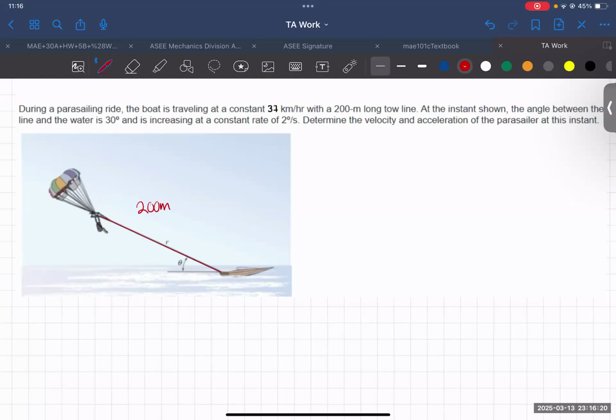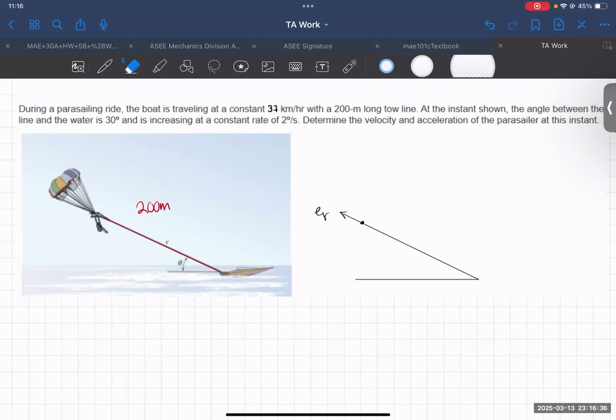The angle was changing, so we come up with a relationship between this point, this ER, or as Professor Chi mentioned in lecture, UR. Let's keep it consistent with the notation. R, theta, point P, this R, this is theta.